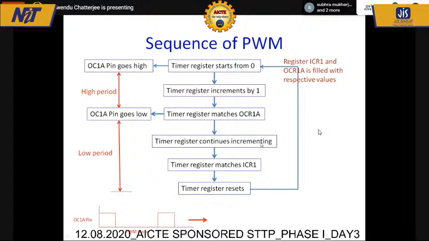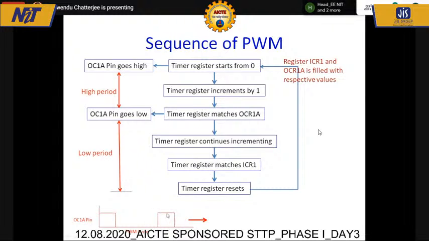The timer register continues incrementing. When the timer register matches ICR1, it resets and starts from 0. This is the low period. This is the total time period. This is the high period of the time. This is the low period of the time.